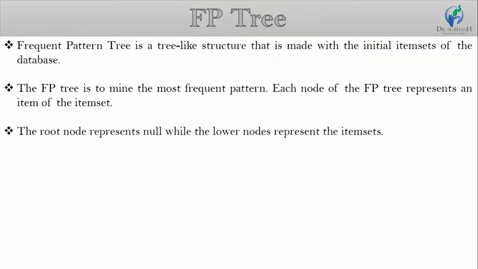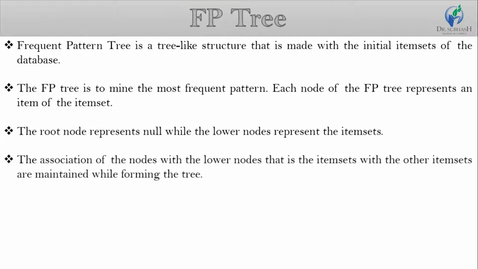The root node represents null, while the lower nodes represent the item sets. The association of the nodes with the lower nodes, that is, the item sets with the other item sets, is maintained while forming the tree.